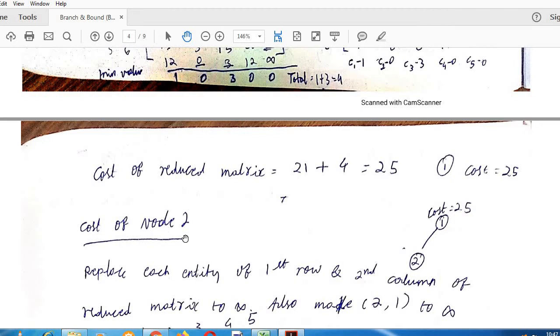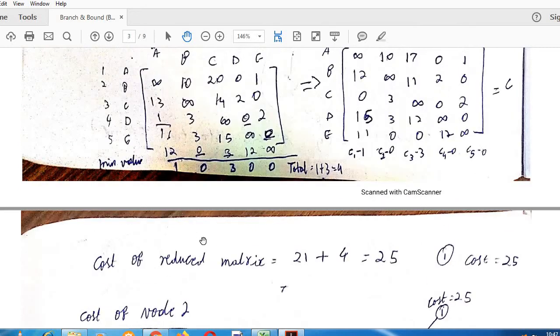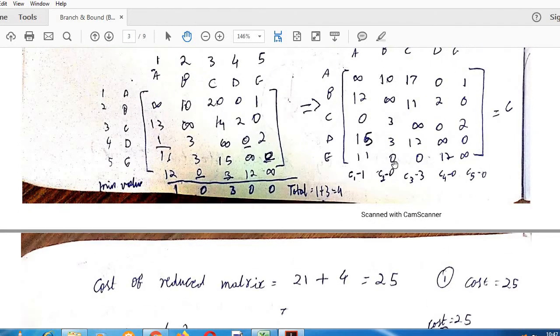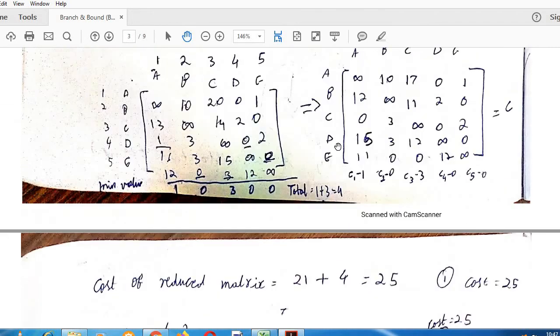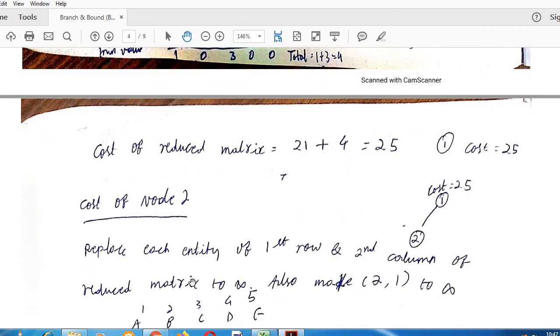Now I am finding out the cost of node 2. For this I will be considering the reduced matrix. The formula is, I will replace the first row and second column of the reduced matrix with infinity to find out the cost of node 2.